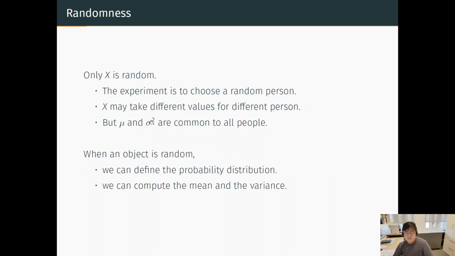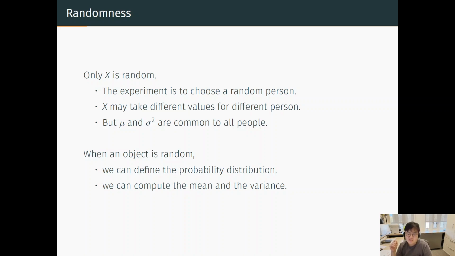Okay, the reason is that first, it's important to understand the underlying experiment because the experiment is what generates the randomness. So in this example, the experiment is to choose a random person. If you choose another person, then the other person would have a different annual income.